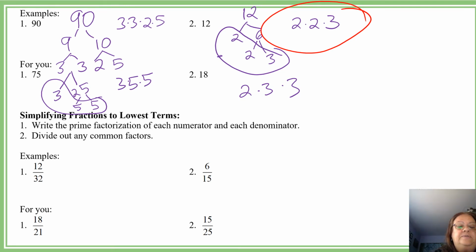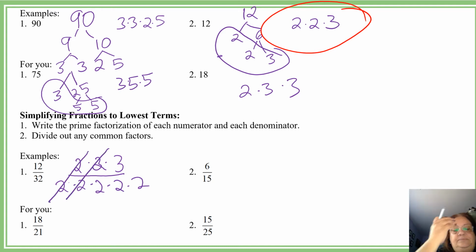So we have 2 times 2 times 3, over the prime factorization of 32, which is 2 times 2 times, it's actually 5 2's. All right, so I can cross off those, and I am left with 3 over 8.